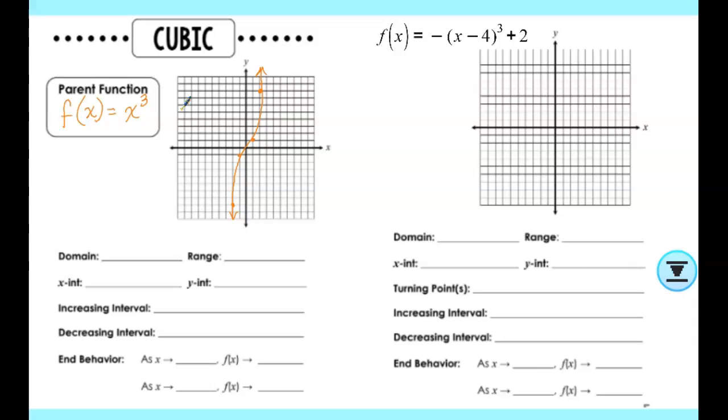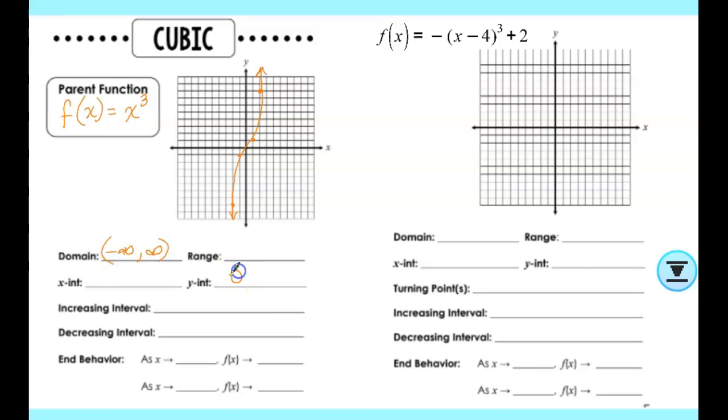Anything that has this shape is going to be a cubic function; anything where your degree is 3 is going to have this general shape. So you've got one side decreasing and the other side increasing. Again, our domain can continue to go as far to the left as possible, so it's going to go from negative infinity to positive infinity.